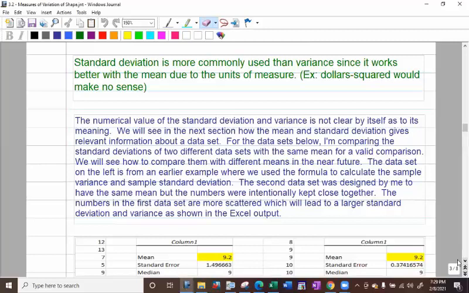For example, if we have an exam and we say, okay, the mean was 83, the median was 84, and the standard deviation was 9.7. Well, that's hard to tell. Does that mean the scores were really far scattered or not so far scattered? That number by itself doesn't always tell you a lot. I mean, it's an important number in statistics, don't get me wrong, but it's hard to really get a concept of it by itself. So we're going to see how it pairs with the mean to give us information.